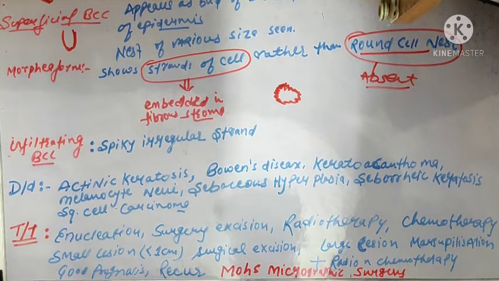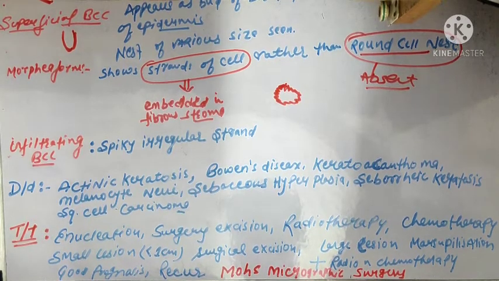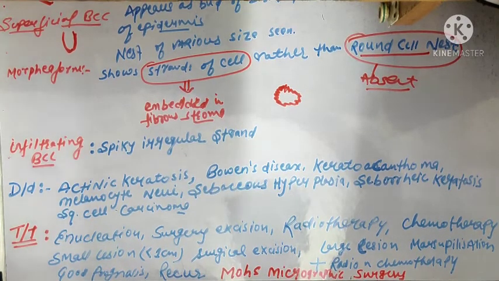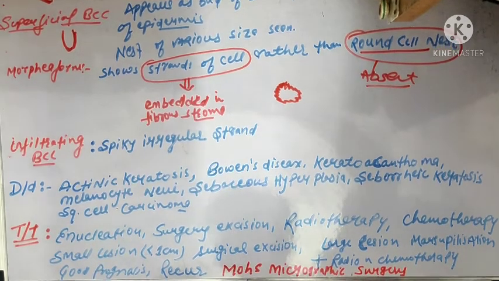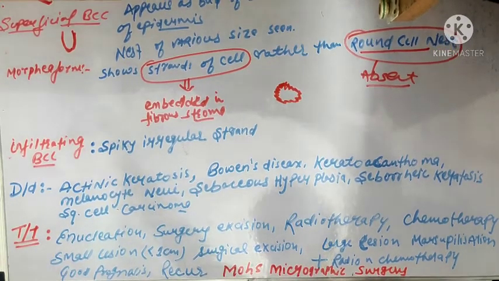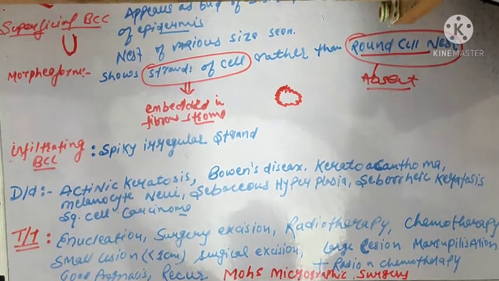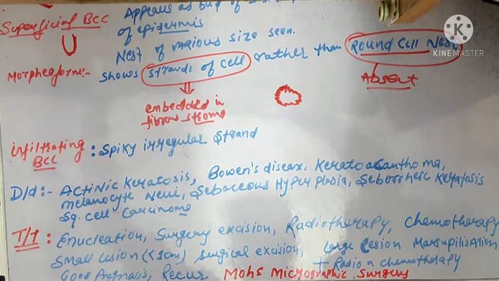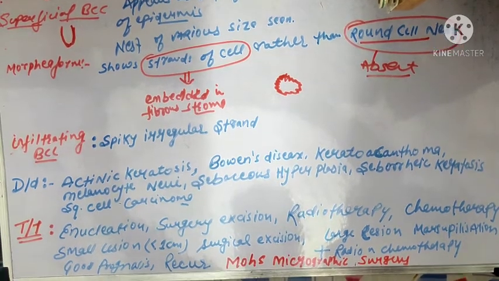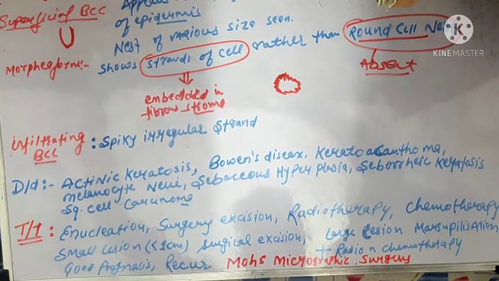If the lesion is small, less than 1 centimeter, then we go for surgical excision of the tumor cells. The cure rate is 95 to 98%, and a recurrence rate is seen in this type of tumor.